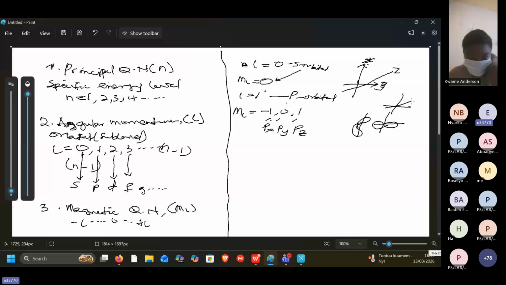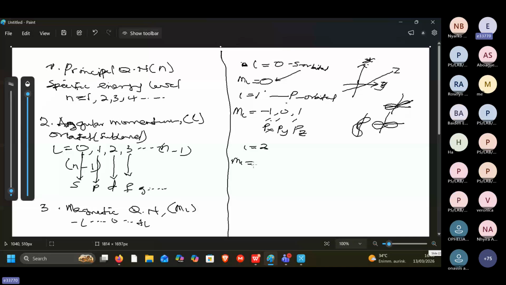3 different orientations. Now, if L equals 2, then ML will have 5 different orientations, which is -2, -1, 0, 1, and then 2. If you count it, this is 1, 2, 3, 4, 5. And 2 is the D orbital.